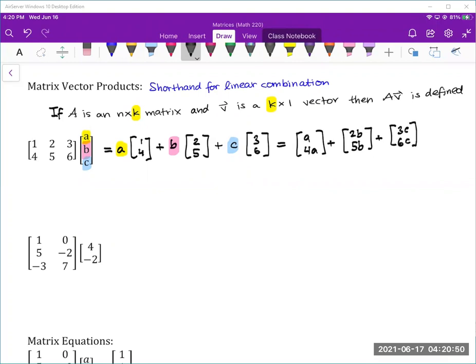When we do a scalar multiplication of one of these weights by the column, each entry gets multiplied by that weight. And now we're ready to combine this into a single piece. So we're going to see A plus 2B plus 3C, 4A plus 5B plus 6C.